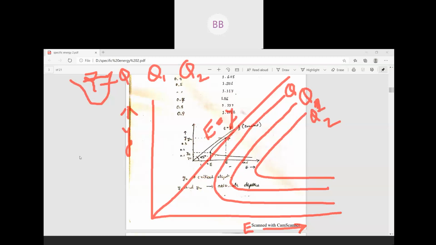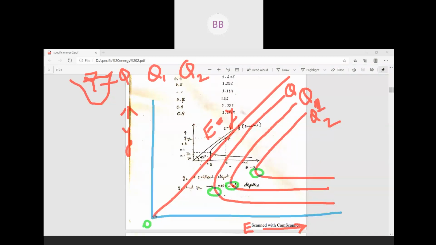So for each discharge, you'll have one minimum specific energy. For Q1 you'll have one, and for Q2 also. Now, this is our zero.